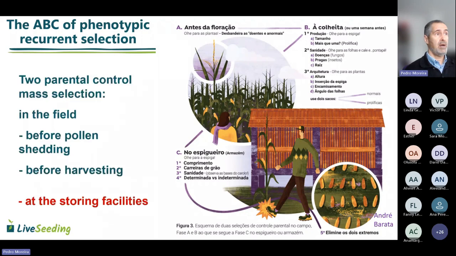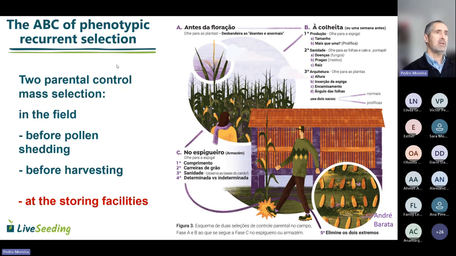I've already mentioned this slide, what needs to be done in the field when we already had the selection through this population, because it was a synthetic population.